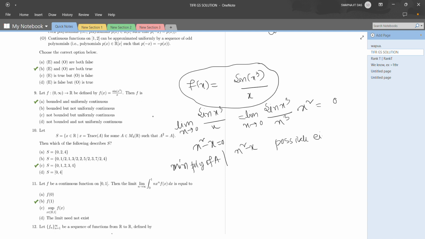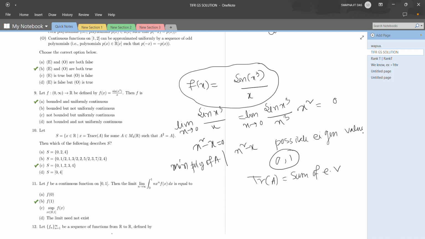That means the possible eigenvalues are 0 and 1. Right. Now trace is the sum of eigenvalues, and this is M4R, so that means 4 eigenvalues are there.